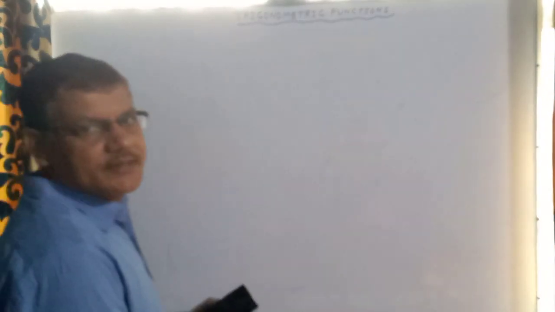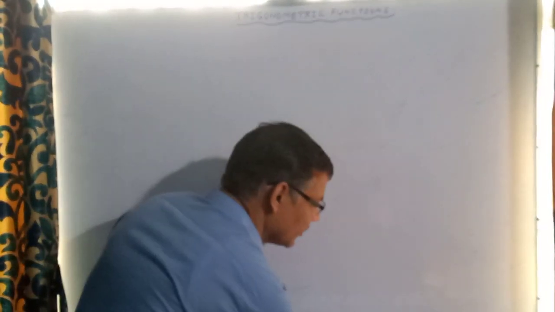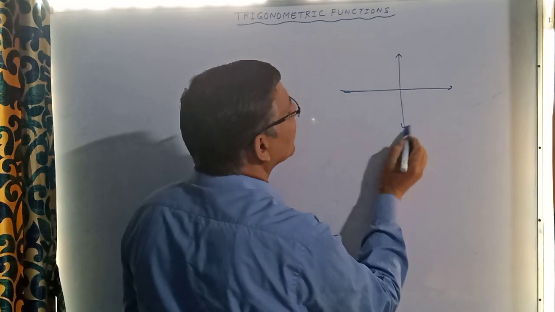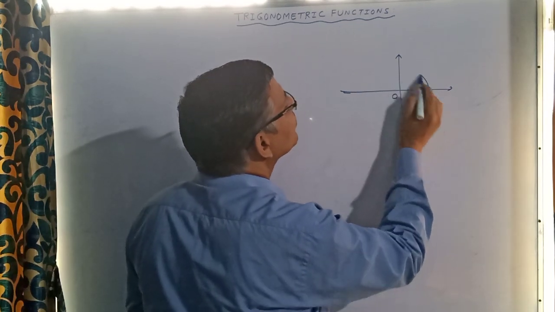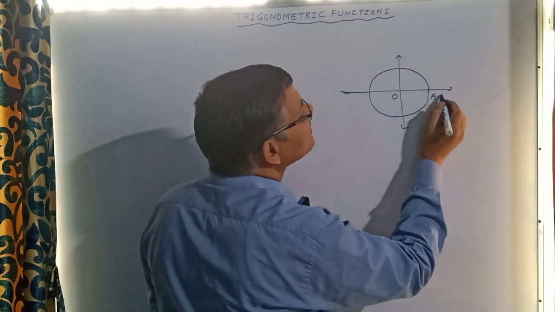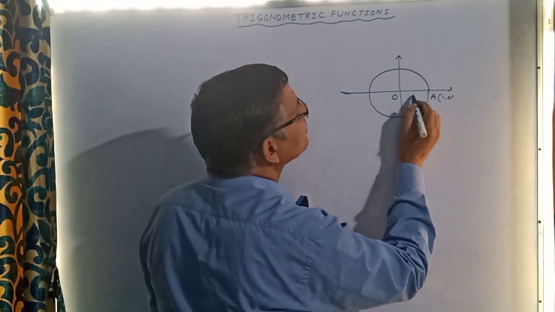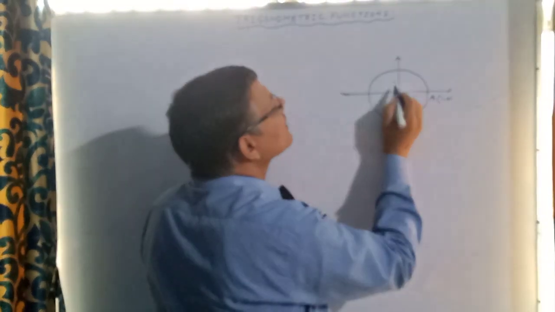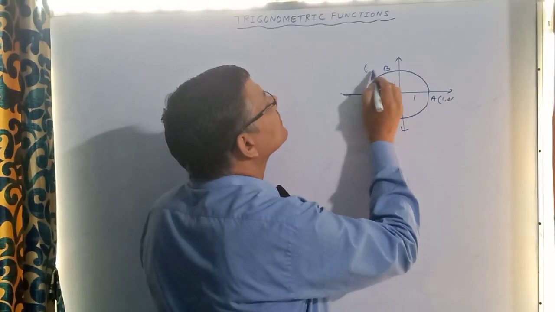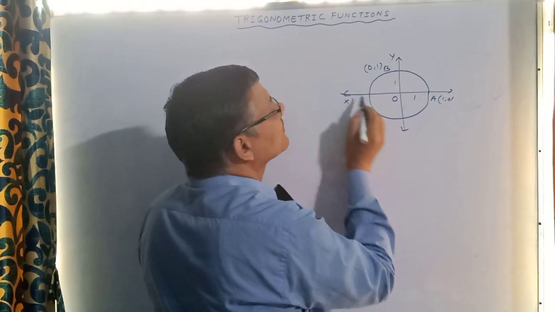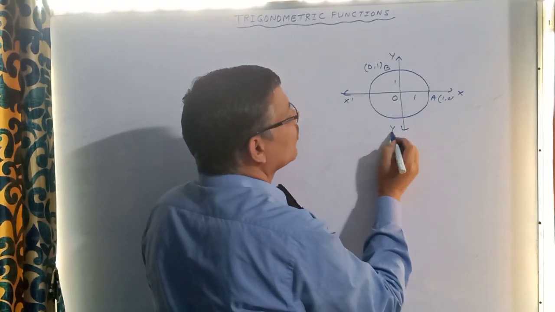As in the earlier discussion, when we take the axes, both x and y, and draw a unit circle with center O, this is (1, 0), this is 1 and it is again 1, so B is (0, 1), with X, X dash, Y, Y dash.